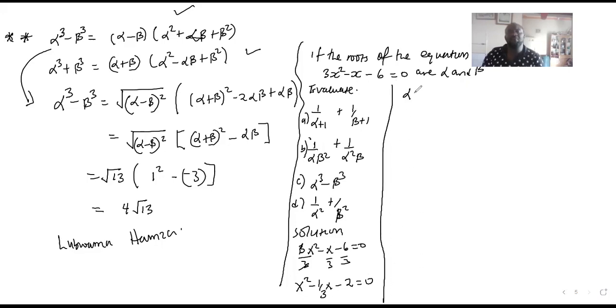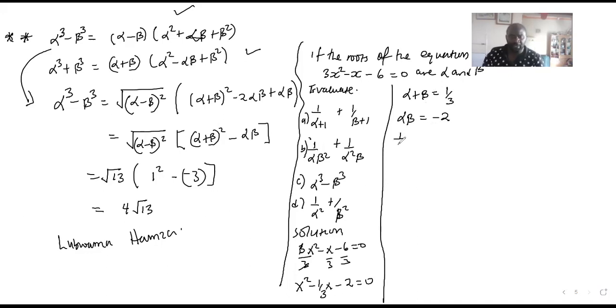Whereby the sum of the roots is going to be a third. I think you now know why I'm writing a third. Because the coefficient there was negative a third, sum of the roots is supposed to be negative of the term there. So the negative of negative a third is 1. Product of the roots is -2 as it is.